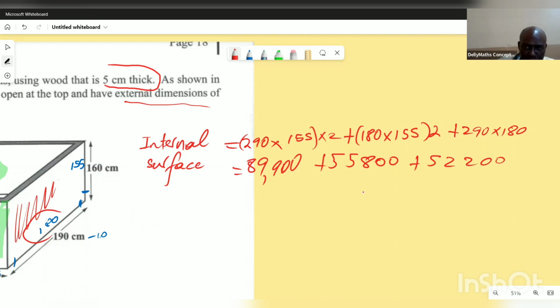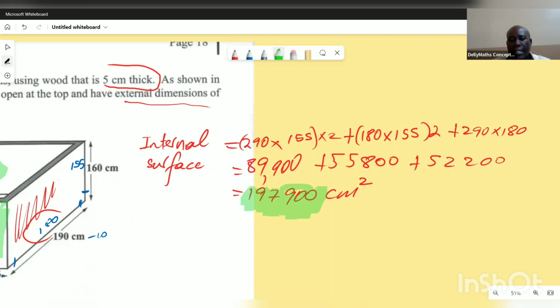Let's total this: 52,200 plus 55,800 plus 89,900. So we're looking at 197,900 cm². This is the surface that will be painted on the inside.